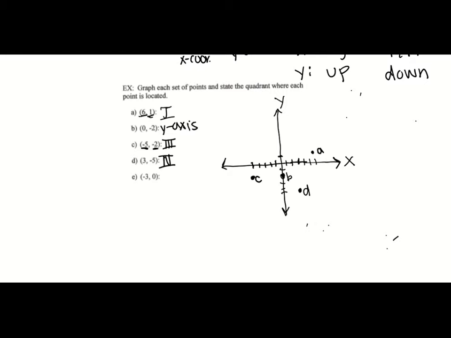Okay, and our last point, we have a negative 3, so that means our x is going to the left, 1, 2, 3, and y is 0, so we're not going up or down. That means our point is right here, point E, and that is not in either quadrant, it is right on our x-axis.